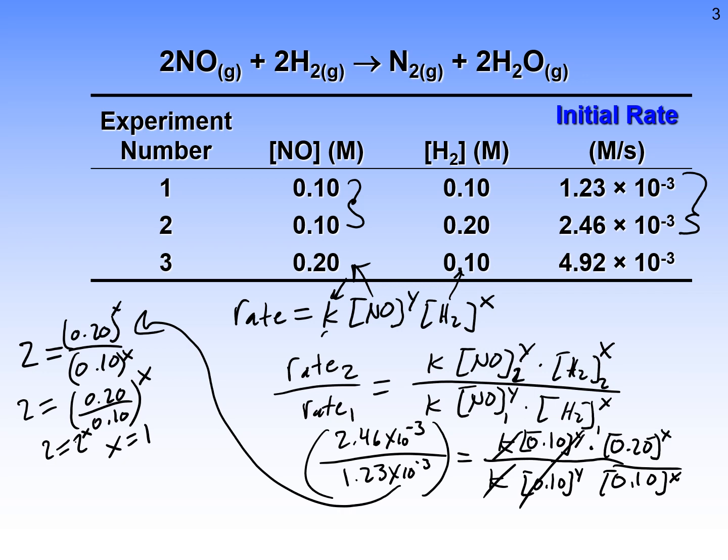Now we can do this all over again with two different rows of experimental data to calculate the exponent of NO, because we have X. This is 1 now. So let's do that. I'm going to erase all this.